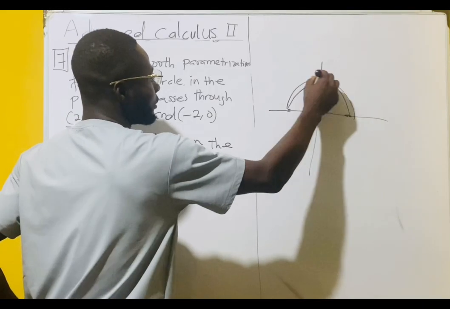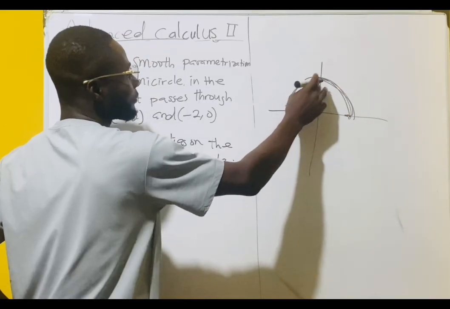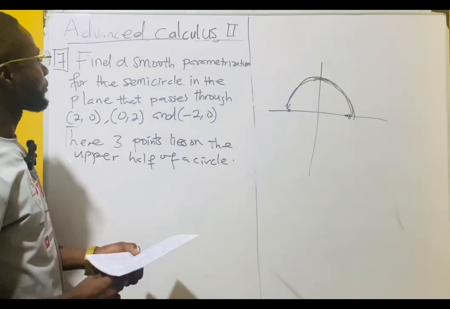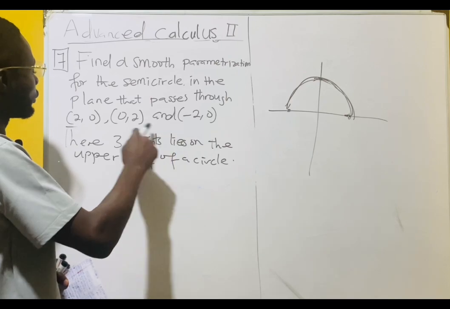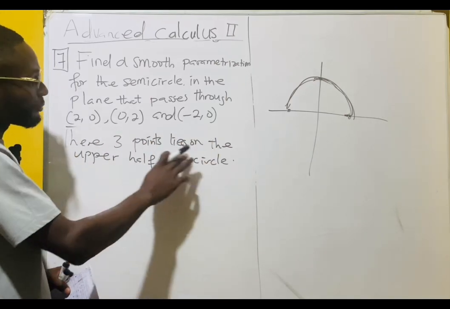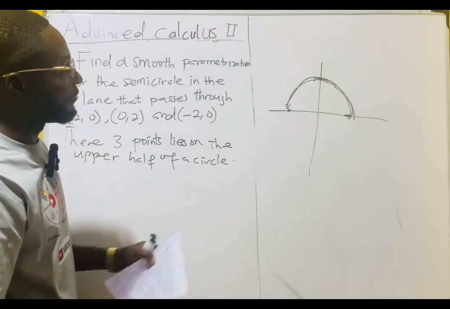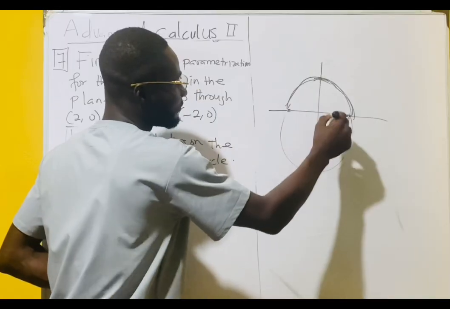So we say this is a semicircle, right? This is a semicircle in the plane that passes through the points (2, 0), (0, 2), and (-2, 0). So these 3 points lie on the upper half of a circle, right? So when you join this, you're going to have a full circle.